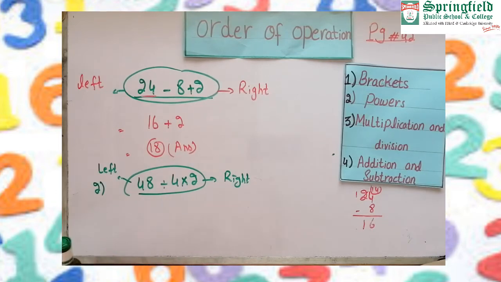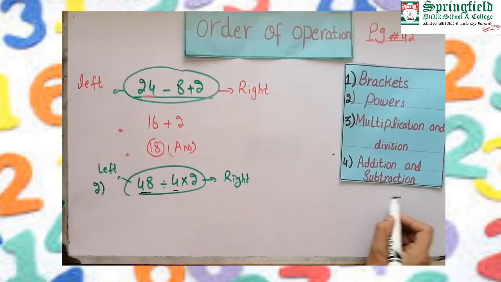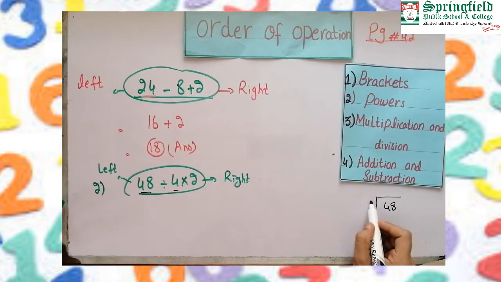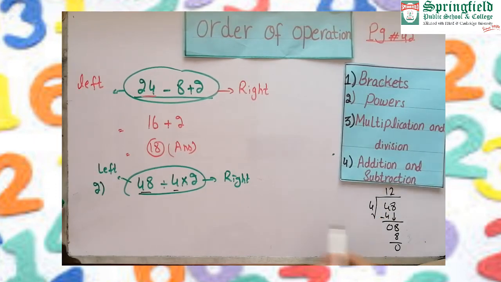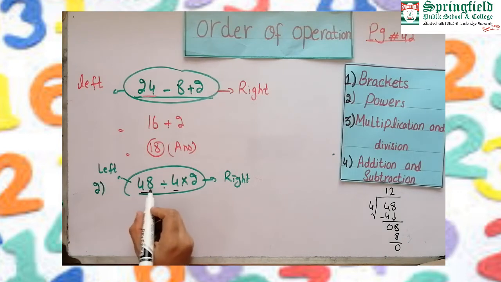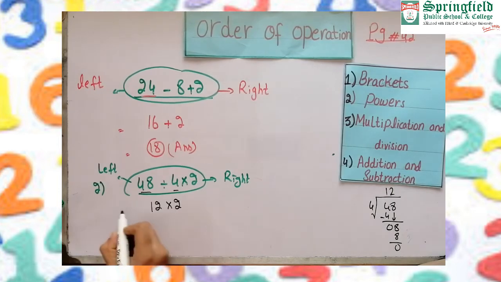So first we will divide 48 by 4. 48 divided by 4, what will be the answer? 4 ones are 4, 0, and then 8, 4 twos are 8, 0. So when we divide 48 by 4, you will obtain 12. Then multiply by 2.